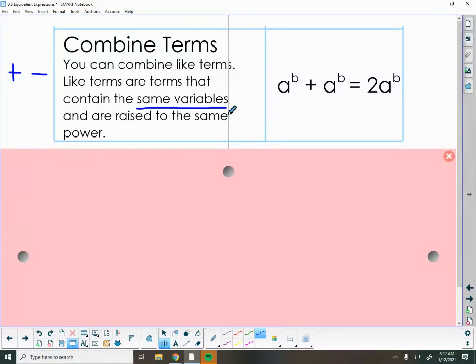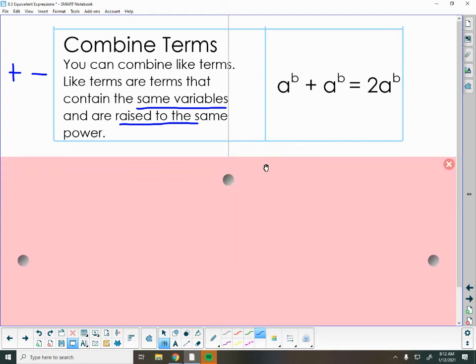They're not like each other. So I can combine A's and A's, and they have to be raised to the same power. So I can't combine something that's squared and cubed. So here we have A, and they're both raised to B's. So they're the same. So I have two A B's.